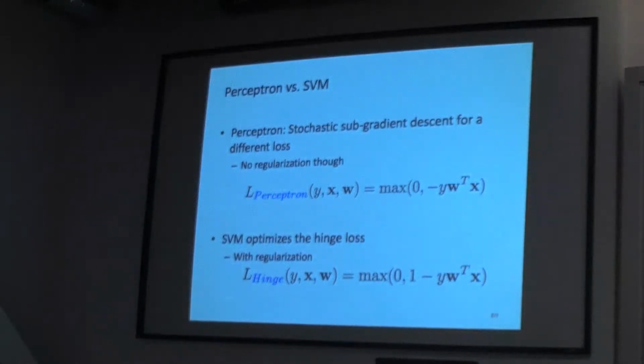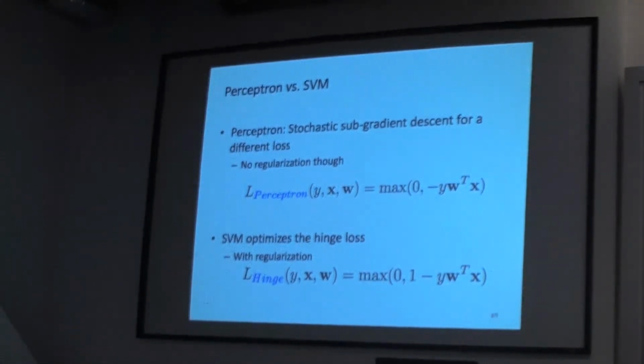You can check: if this max function is 0, meaning the second term is less than 0, meaning y w transpose x is bigger than 0, then we correctly predict example x. So you don't need to update, because the subgradient is simply 0.